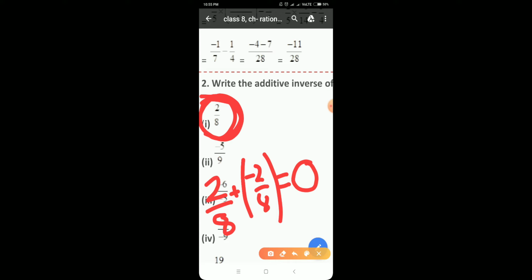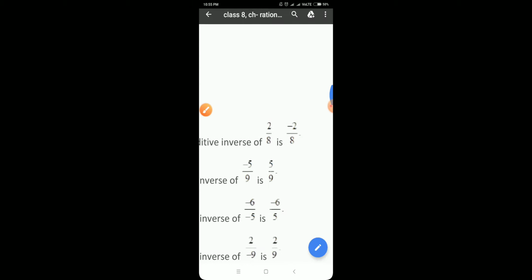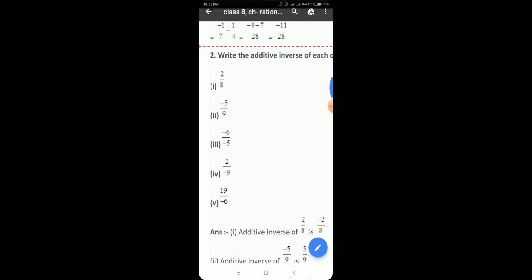This number is positive, so your result will be negative. So you will write that the additive inverse of 2 by 8 is minus 2 by 8. Positive terms will become negative and negative will become positive.